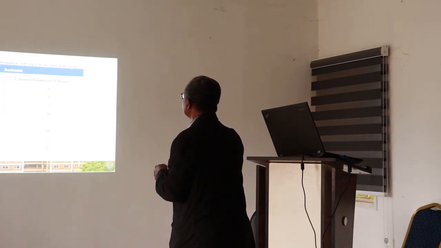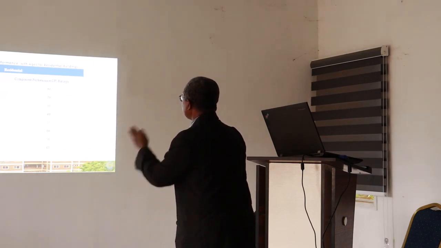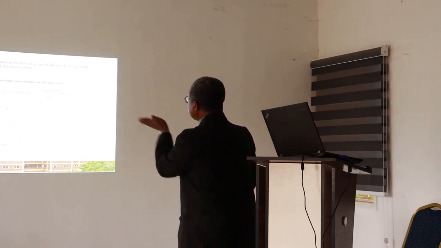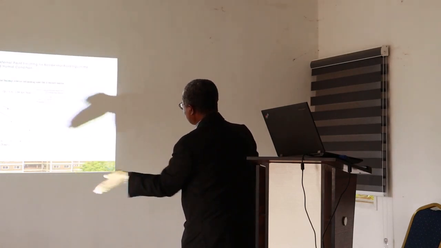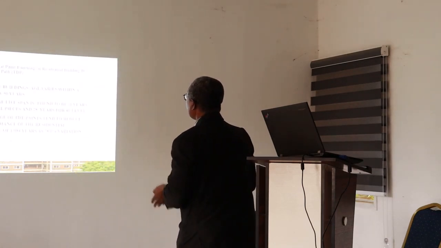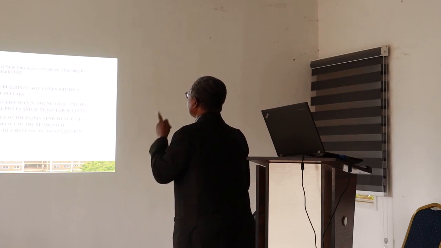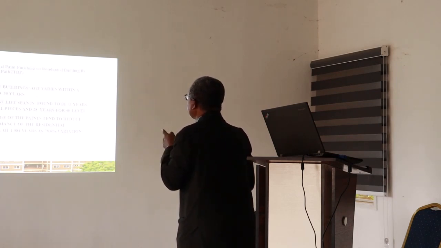This is for the residential building, the age and the component performance. This is the regression line for it. We have component performance over age. This is the finding for it. The sample building's age varies within a range of 20 to 50 years.